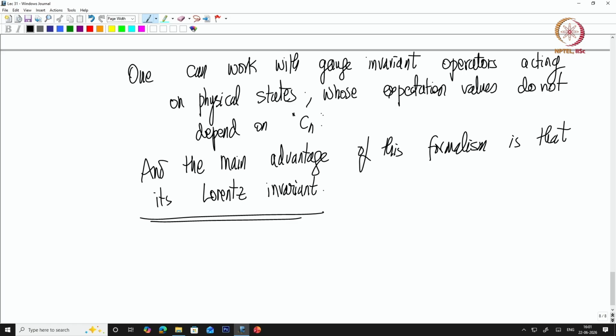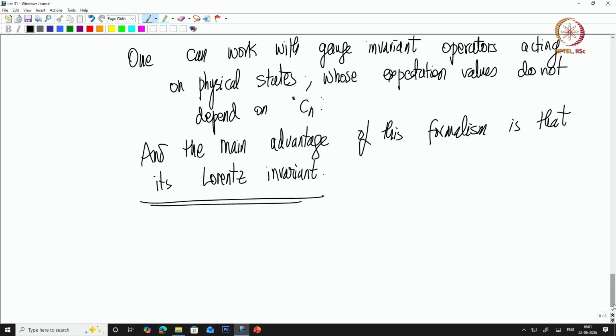So we said we can work with expectation values of all these operators, and we do not have to worry about the coefficients, whether it is transverse, longitudinal, or a linear combination. None of them matter. We can directly work with transverse states, and everything is taken care of as long as it's gauge invariant and Lorentz invariant.